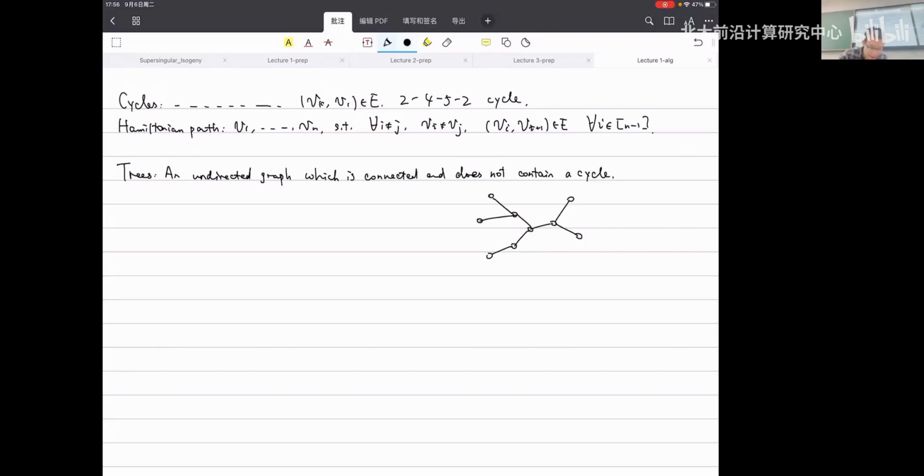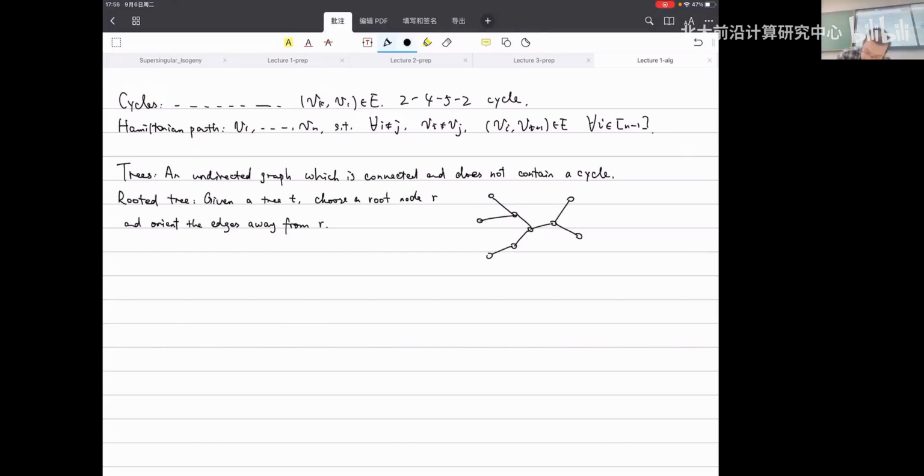Having a definition of tree, there is also a closely related definition called a rooted tree. Given a tree T, choose a root node and orient the edges away from it. Let's call the root node R, then we orient the edges away from R. What do I mean by that?